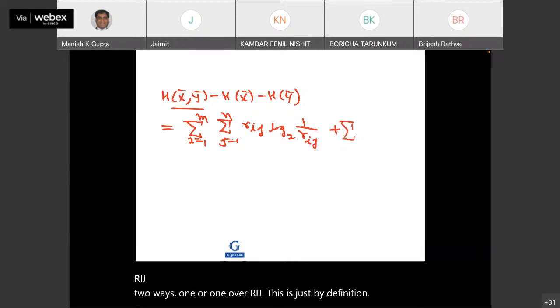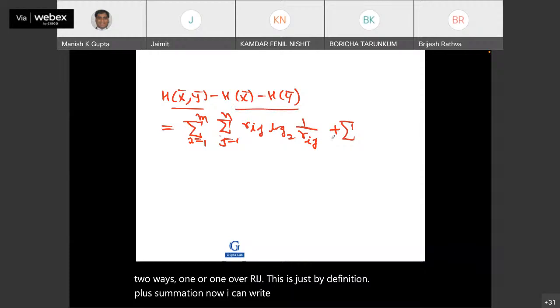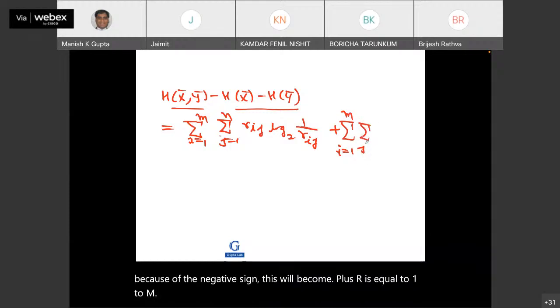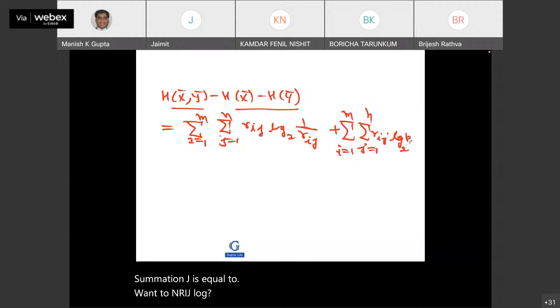Plus summation. Now I can write down the expression for this. Because of the negative sign, this will become plus, i is equal to 1 to m, summation j is equal to 1 to n, rij log base 2 of pi qj, right?